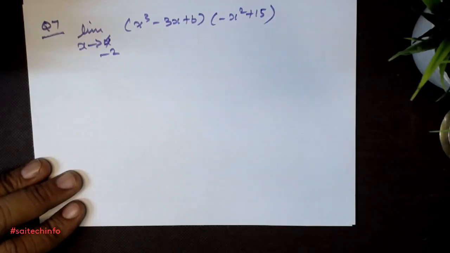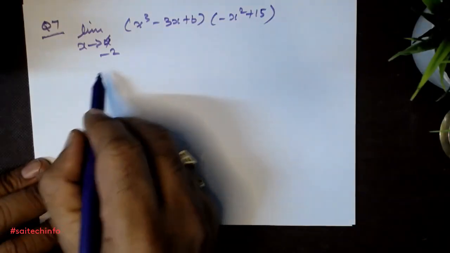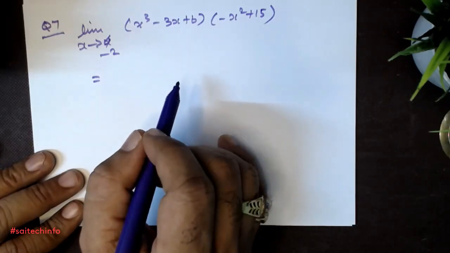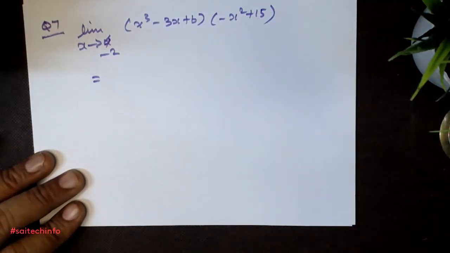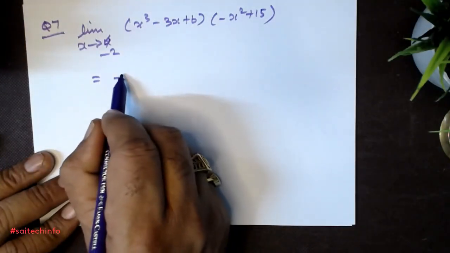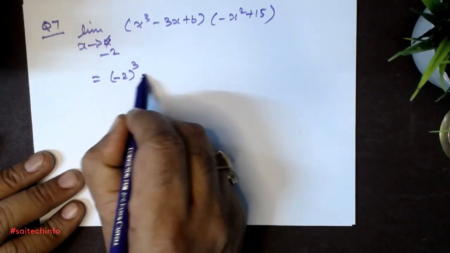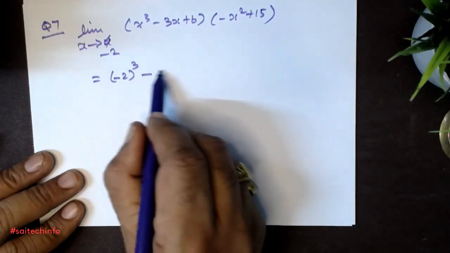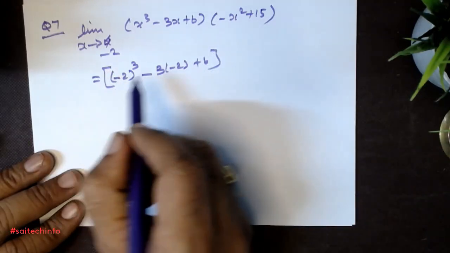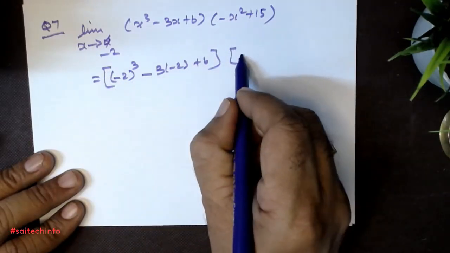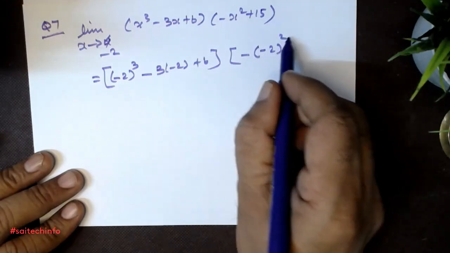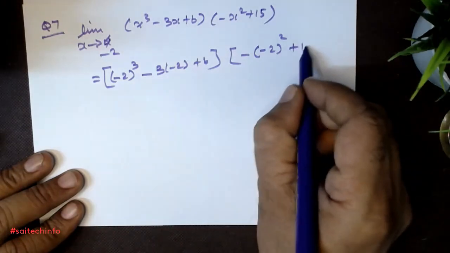Right? So substitute. Minus 2 whole cube minus 3 into minus 2 plus 6 into minus of minus 2 the whole square plus 15.